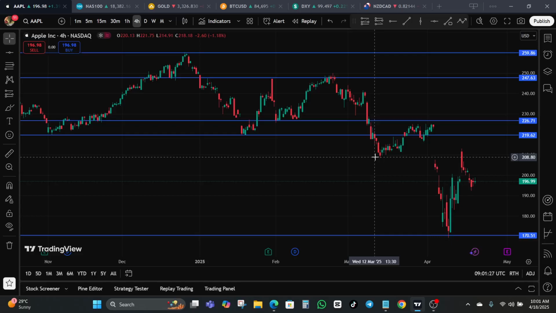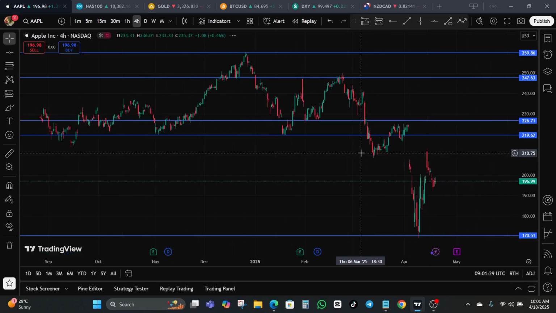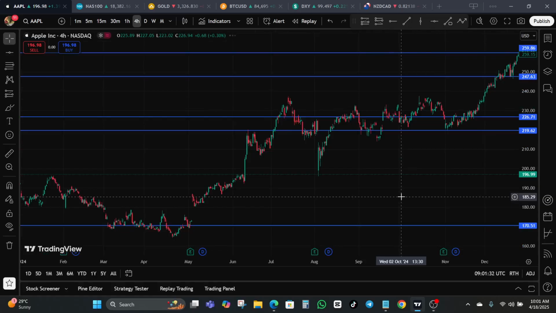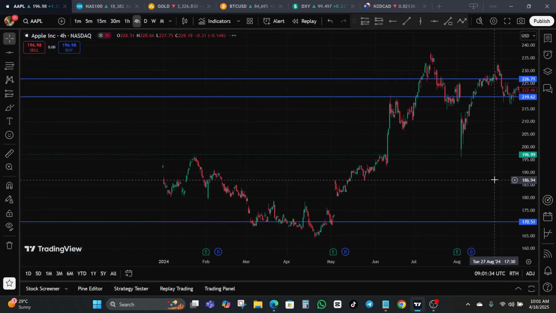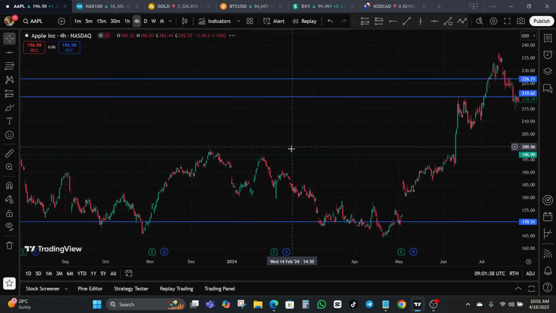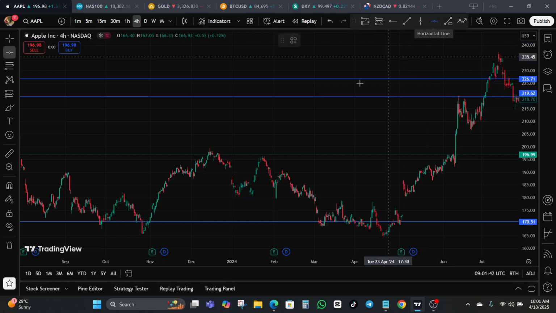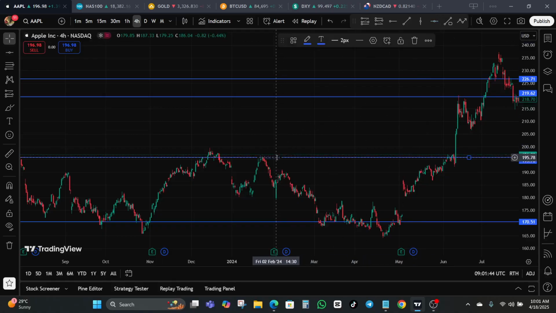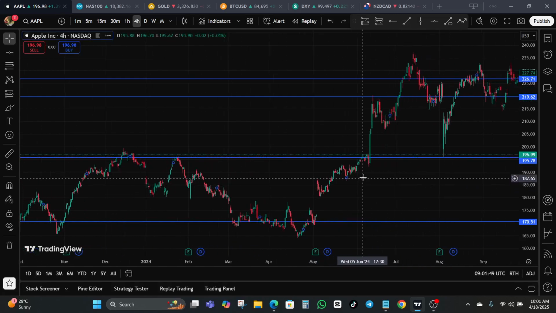If the price breaks above a resistance, let's try and find such an example. We can see that here we had a resistance. Can you see the rejection? There was a rejection here and here. So price finally broke above this resistance, and you can see the momentum, how the bulls pushed the price all the way up to this other resistance.